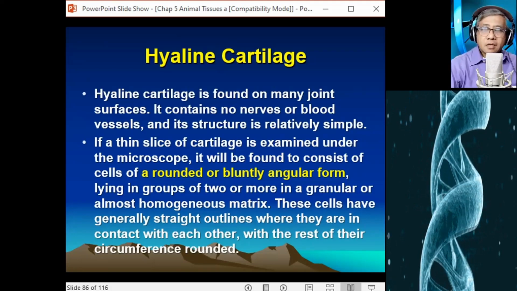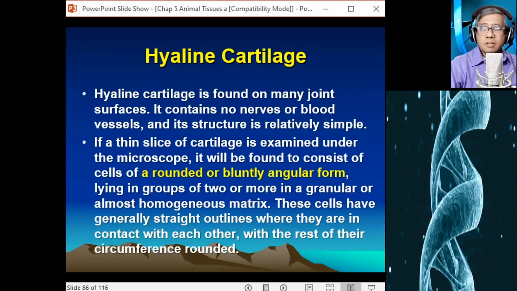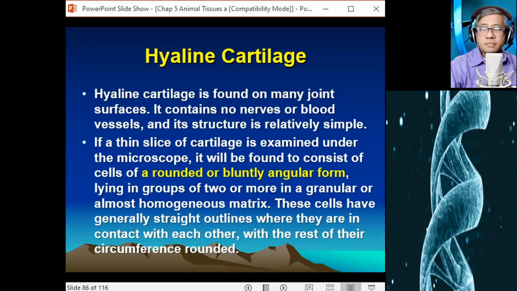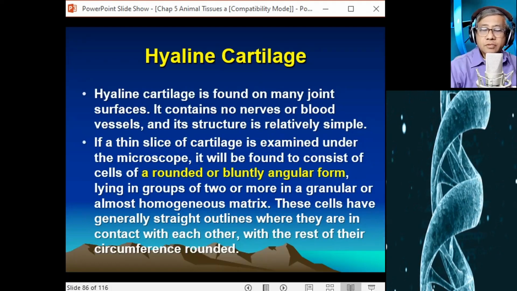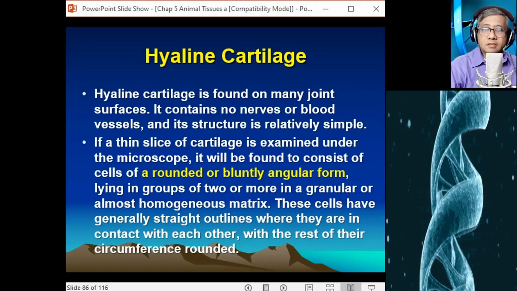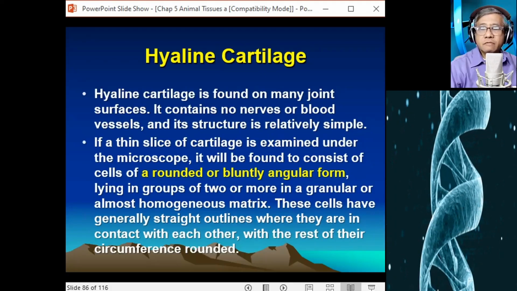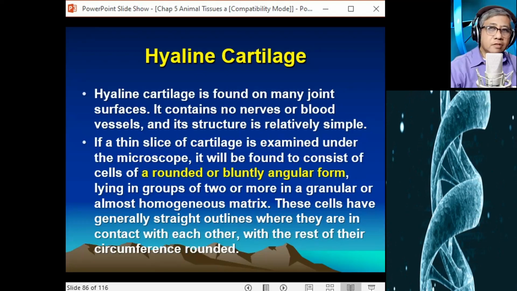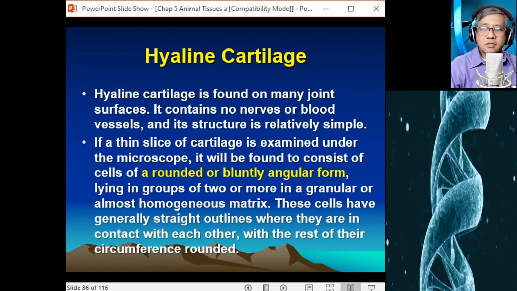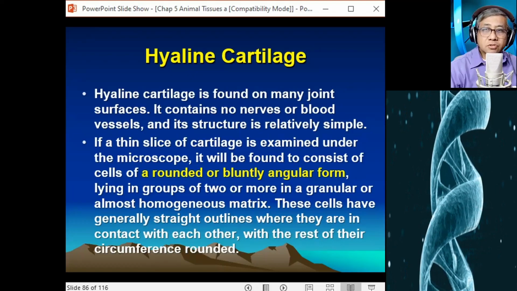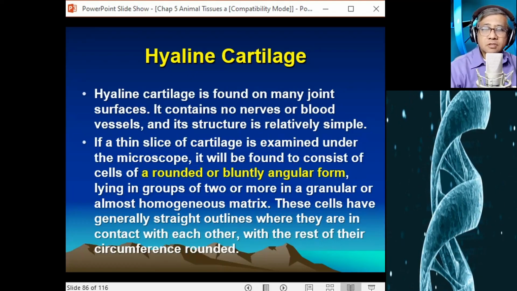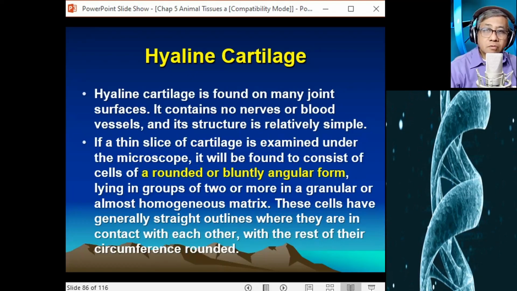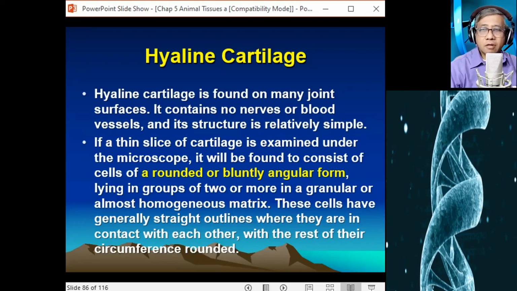So, hyaline cartilage is found on many joint surfaces. It contains no nerves, no blood vessels, and the structure of hyaline cartilage is relatively simple. If a thin slice of cartilage is examined under the microscope, it will be found to consist of cells of a rounded or bluntly angular form.